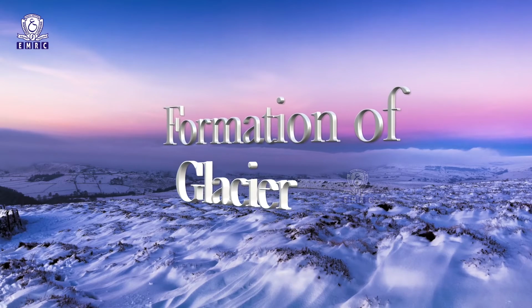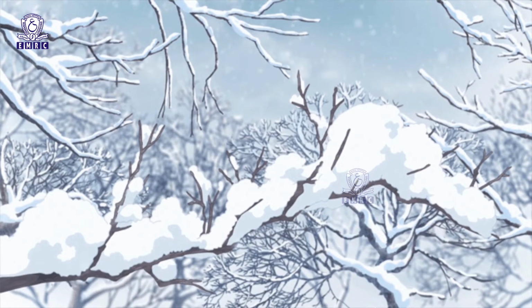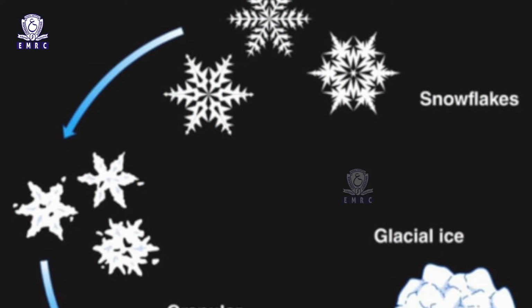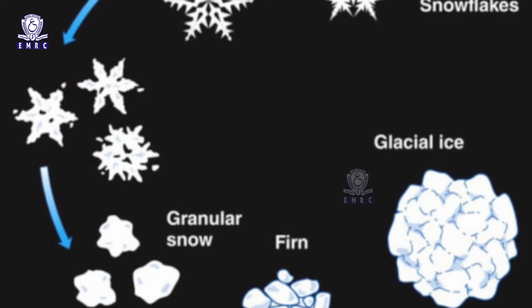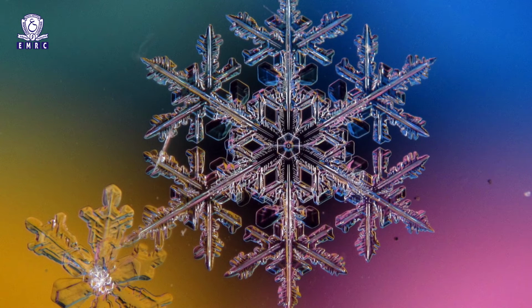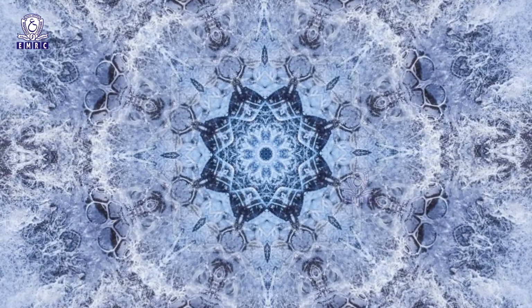Formation of a glacier. The source of a glacier is snowfall. The snow has less density, but when it undergoes compaction, it gradually changes its density to become neve, that is firn, and eventually transforms into crystalline form, and thus firn is converted into ice.